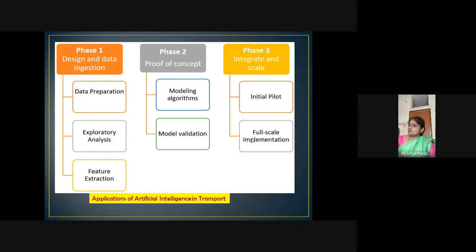So based on the data prepared, based on the available real-time values of different states of our vehicle, with that input data, we model the device.